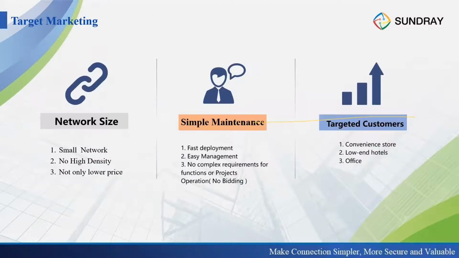The target market is small networks that don't need high density, because the AP we are using here is only dual band and 2x2 MIMO, which is not suitable for high density. The client also needs simple management, like a unified management platform. If you want this kind of solution, without too many features, just unified management for the switches and controllers, we can use this one.